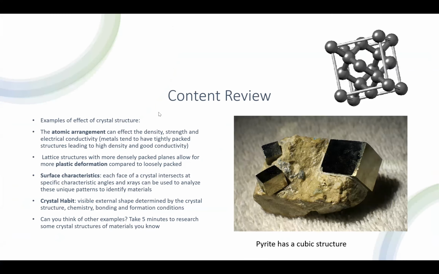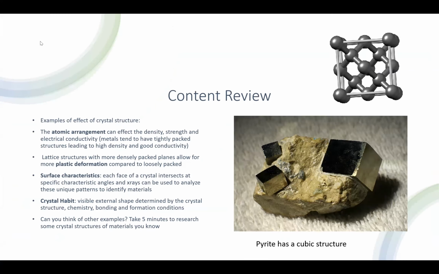So just how crystal structure may affect something. The atomic arrangement can affect the density, strength, and electrical conductivity. So metals tend to have tightly packed structures leading to high density and good conductivity. It's easy for charge to flow through these structures. The lattice structures with more densely packed planes allow for more plastic deformation compared to loosely packed.